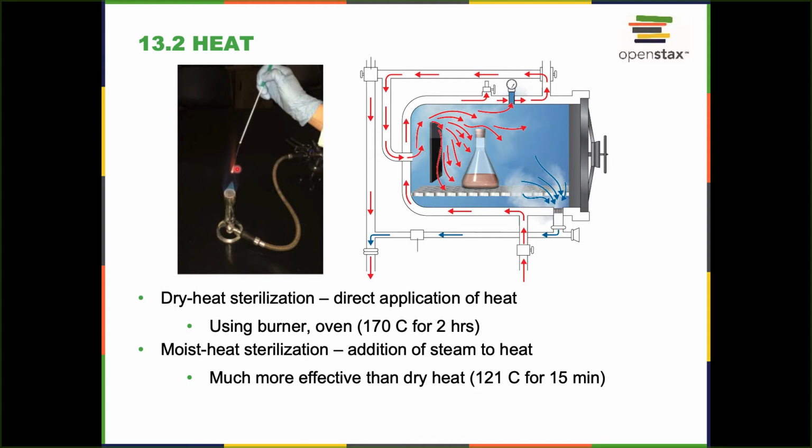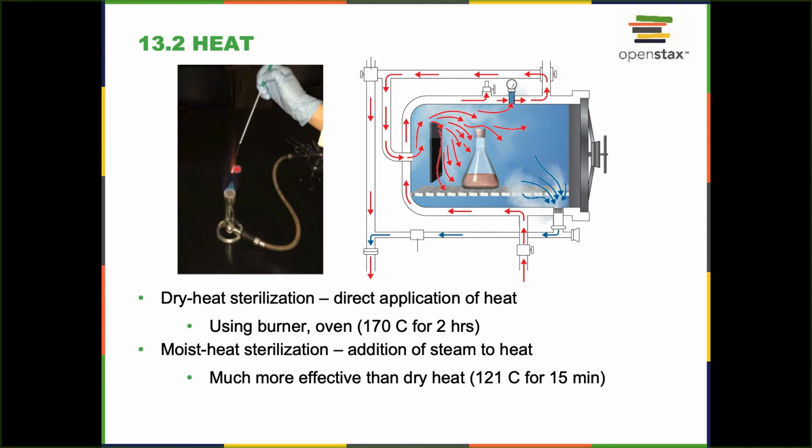We can also stick things in a burner or an oven, a dry oven. Typically, sterilizing time would be 170 Celsius for 2 hours. In that case, everything will be hot, and the microbes will be completely killed. We would say we've sterilized whatever we stuck in the oven.